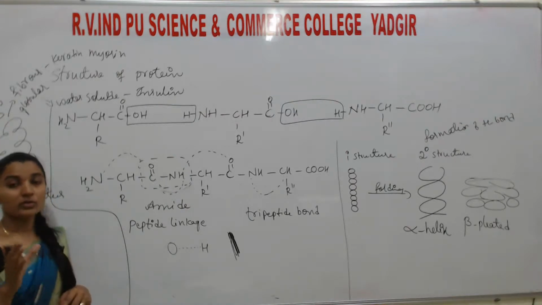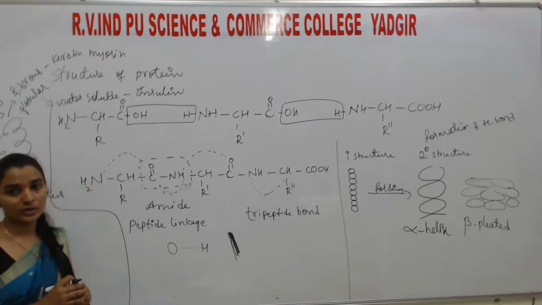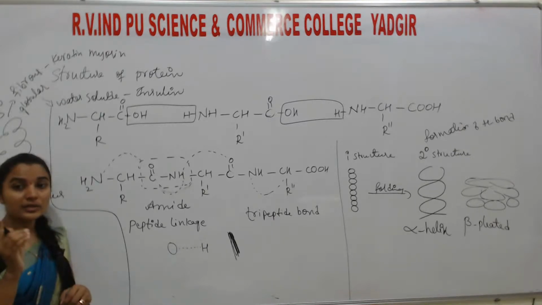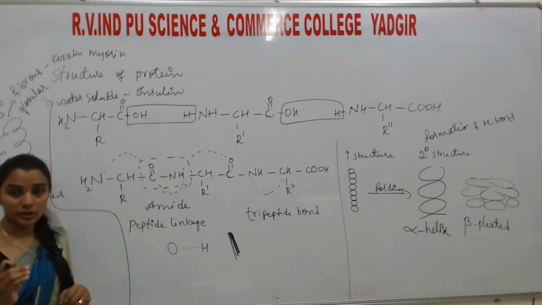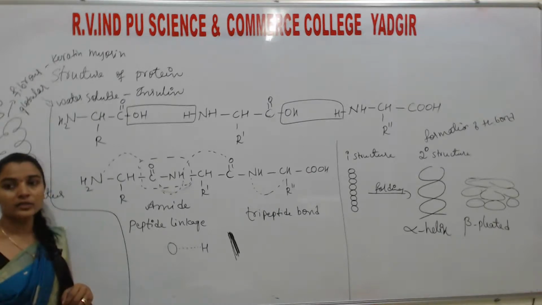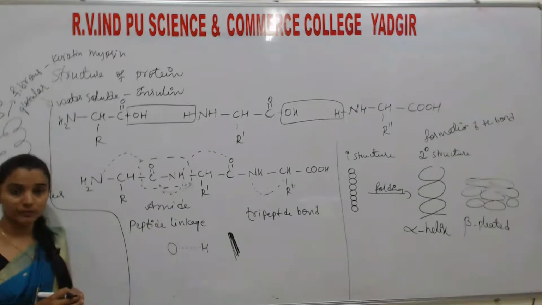They often go for urination, right? Because they experience lack of production of insulin. If they take insulin, it is water soluble. So urine formation takes place in a very fast manner in diabetic patients rather than normal human beings. I think you observe that.